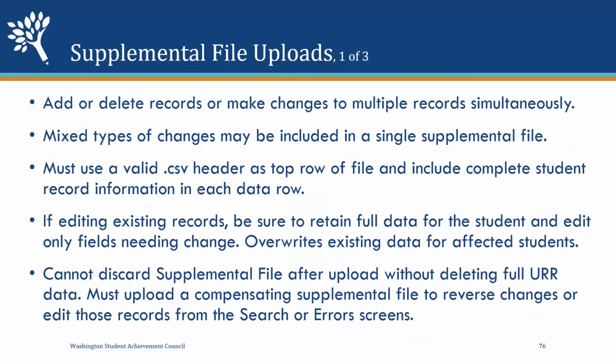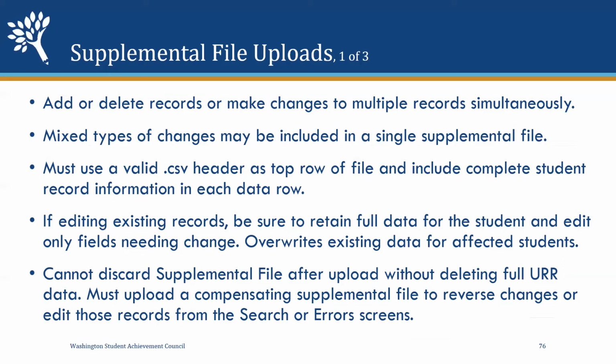There is the ability now to perform a supplemental file upload. And this is used to add or delete records, or to make changes to multiple records simultaneously. You can include mixed types of changes in that single supplemental file. You must use a valid CSV header as the top row of the file, and include complete student record information in each data row.